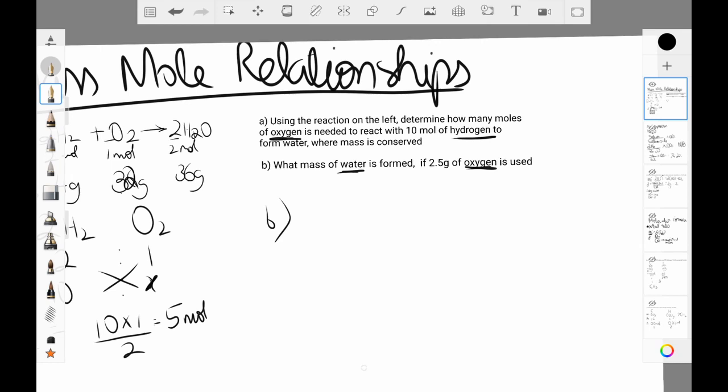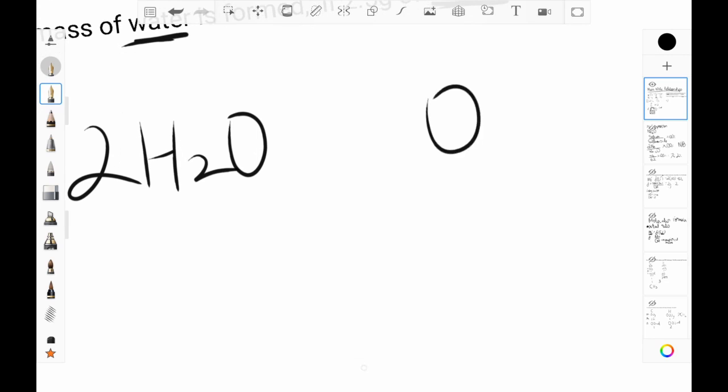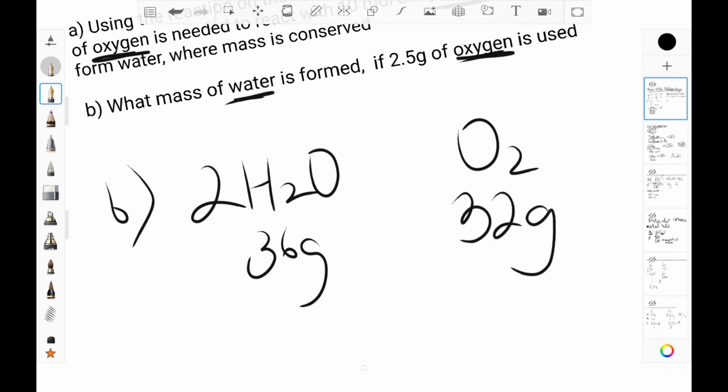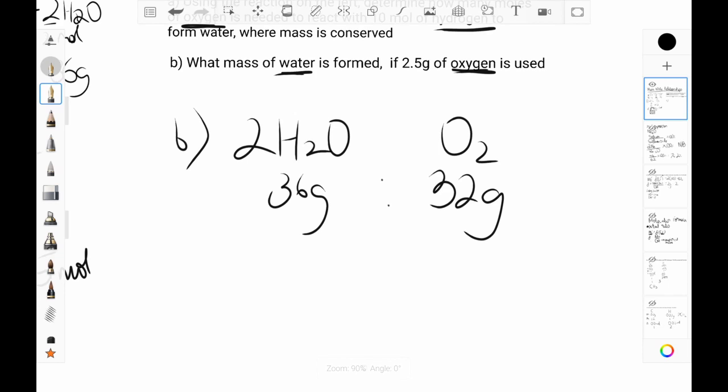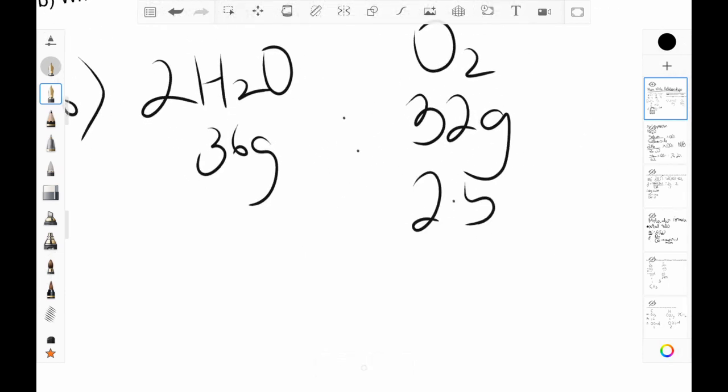So I have 2H2O and O2. This is 36 grams as per my mass ratio. This is 32 grams. That's the ratio. They mentioned that 2.5 grams of oxygen is used, so let's write that down. That means this is our unknown value.